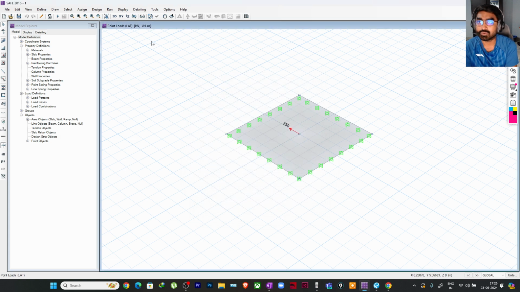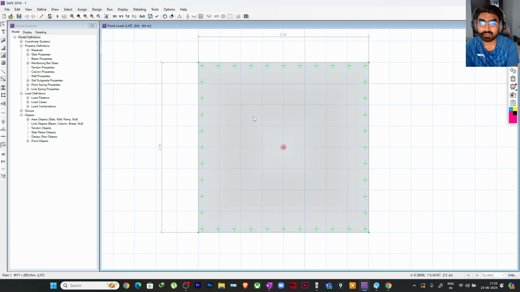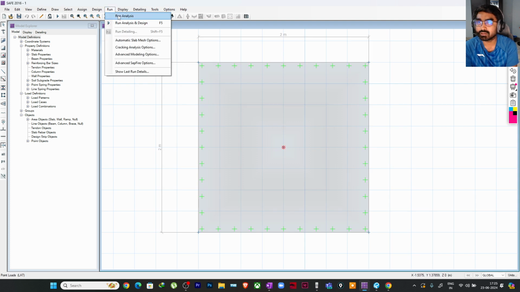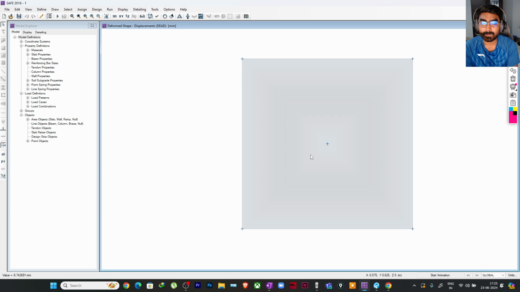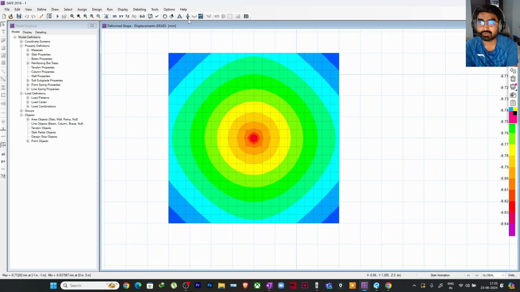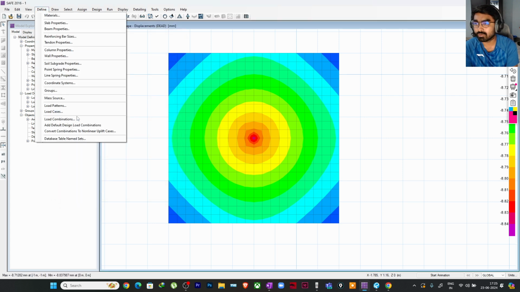Now I will go to the plan view and run the analysis. Now if I go to the pressure, I have created one load combination also.